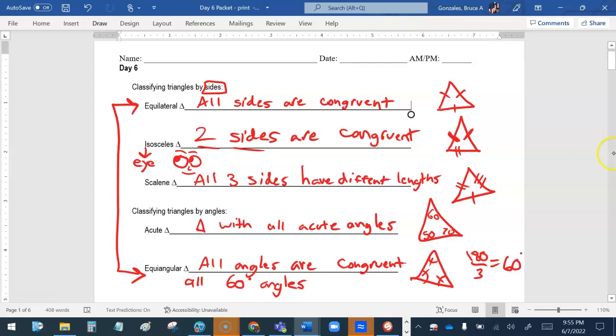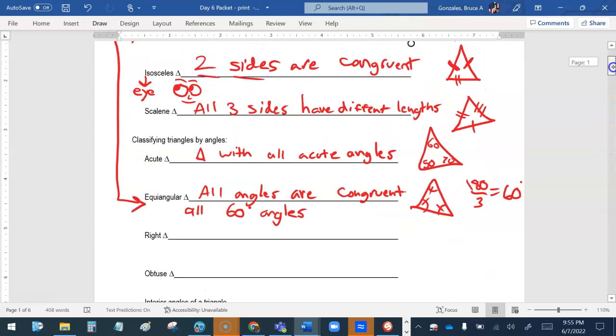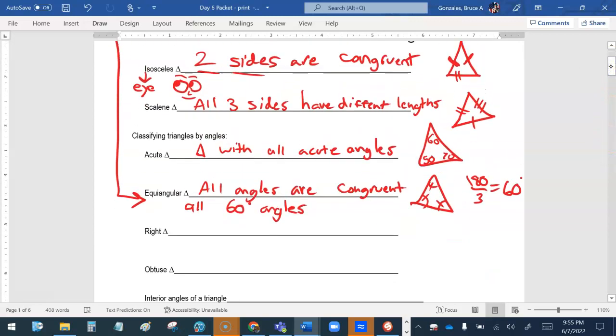Okay? Well, next one. A right triangle is a triangle with 1 right angle. It cannot have more than 1, otherwise it will not make a triangle. An obtuse triangle is a triangle with 1 obtuse angle.